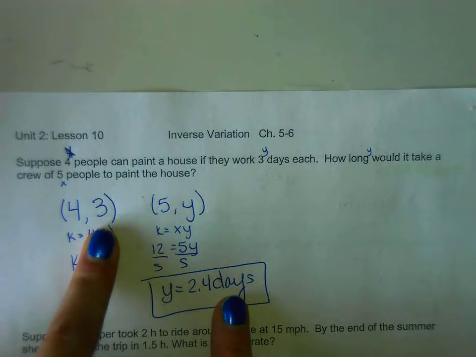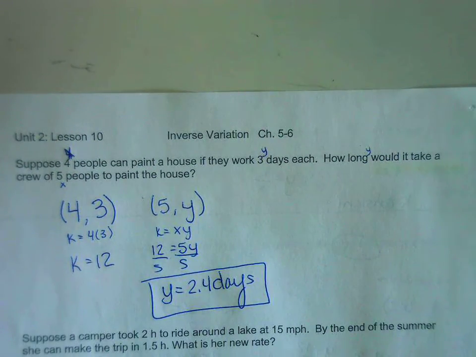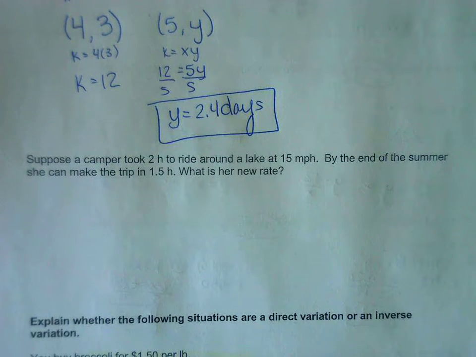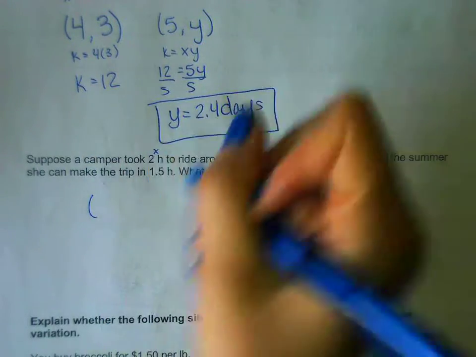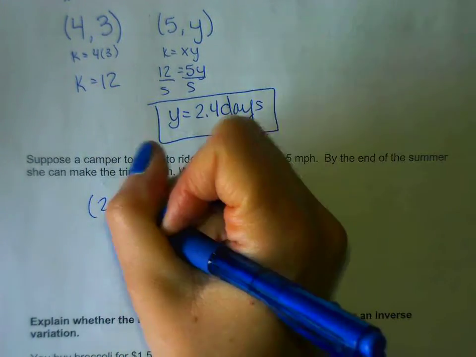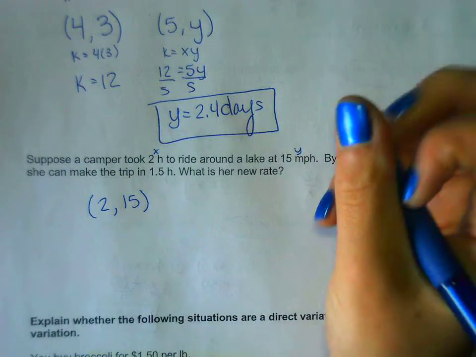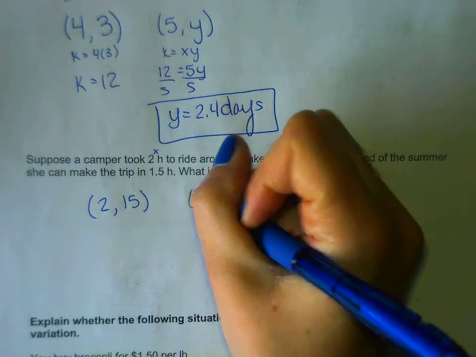Let's take a look here. Suppose a camper took 2 hours to ride around a lake at 15 miles per hour. By the end of the summer, they can make the trip in 1.5 hours. What's the new rate? So they're riding 2 hours and going 15 miles per hour. They are now riding for an hour and a half. You want to know how fast they're now going.